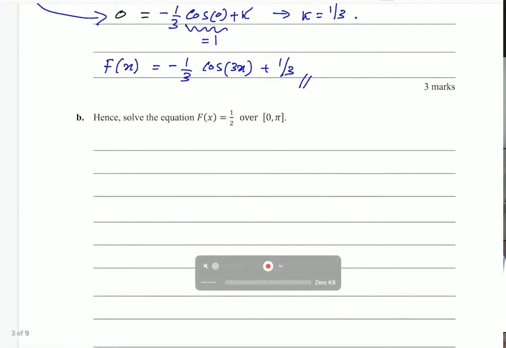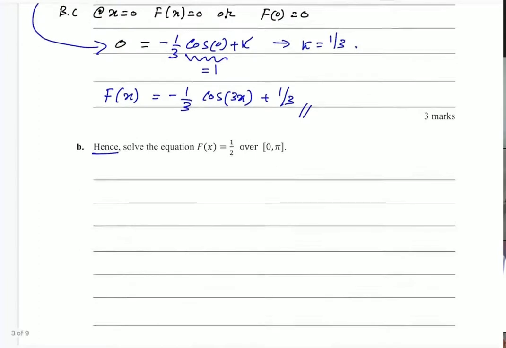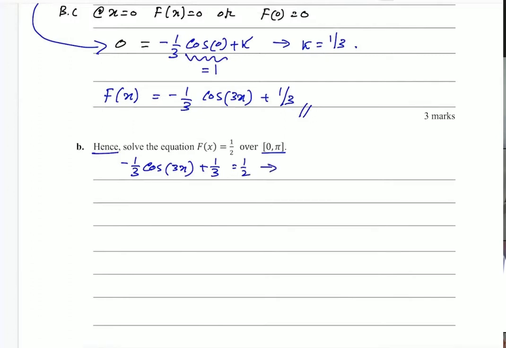Now, hence solve the equation F(x) equal to half. You have this domain given. So minus 1 divided by 3 cos 3x plus 1 divided by 3 is equal to half. When you simplify this, what do you get?